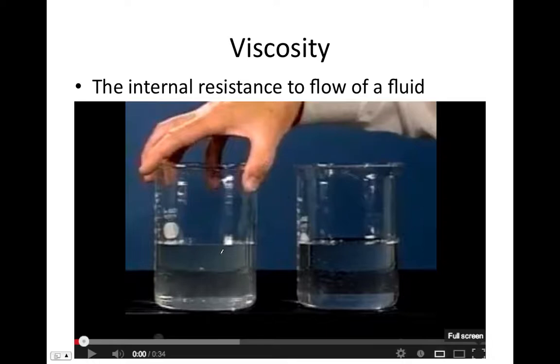If you go onto Blackboard, you can download these PowerPoint slides and click this hyperlink and watch this demonstration, which shows how water, a fluid with low viscosity, flows very easily, where corn syrup, a fluid with a much higher viscosity, has much more resistance to flow. Okay, so you can think of honey having a high viscosity and water having a low viscosity, because honey resists flowing.